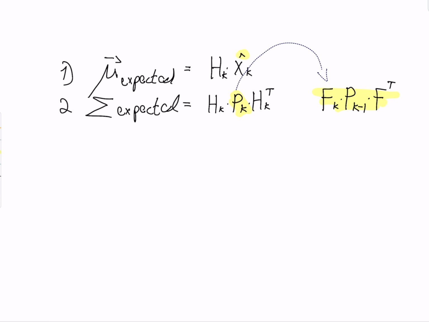These two equations take the prediction state and transfer it to the sensor space. In the next video, we will get the measurement from the sensor, and together we will see how we synchronize those two distributions, the one from the predicted state and the actual measurement.